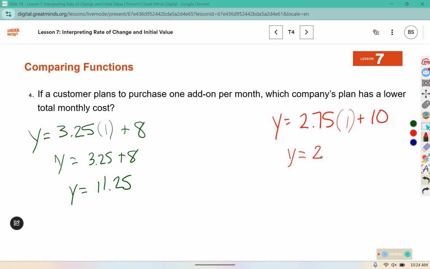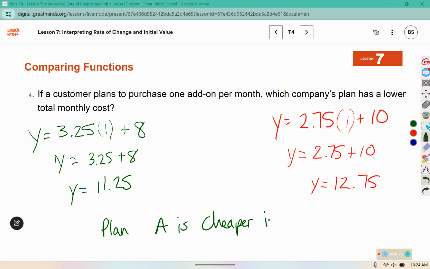In this one, 2.75 times 1 is 2.75, plus 10 makes $12.75. And then it says, which company plan has a lower total monthly cost? Plan A is cheaper if you plan to only get one add-on.